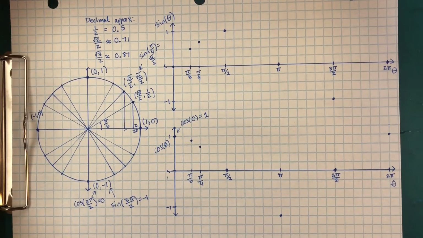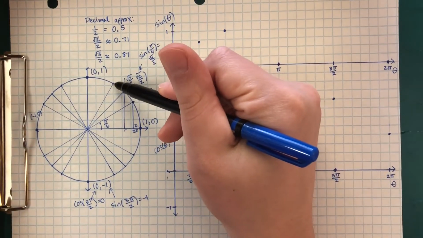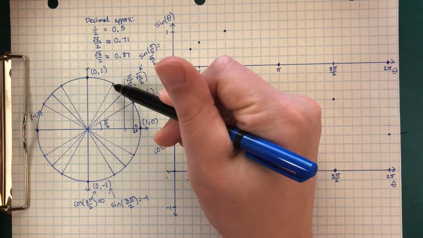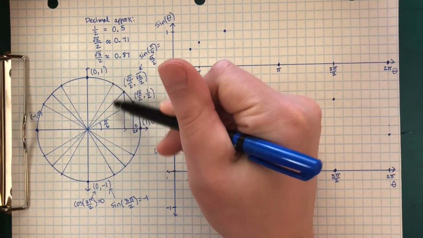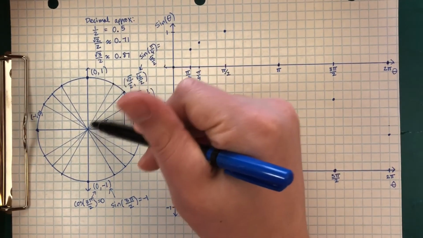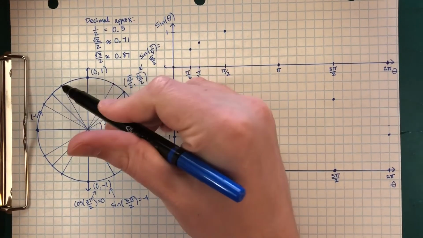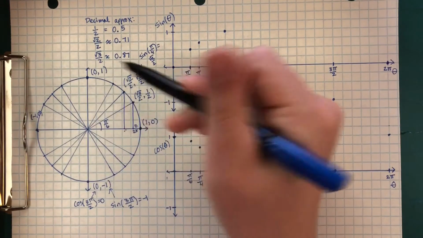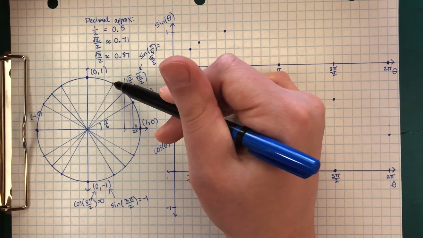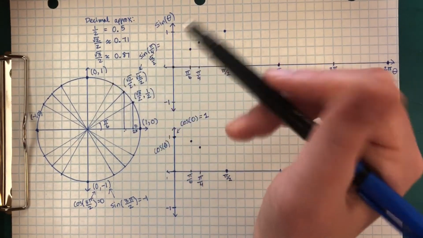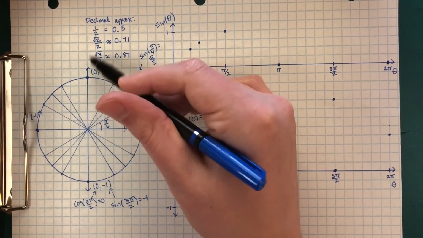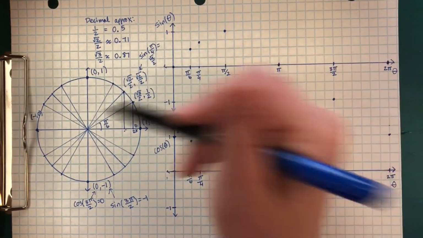Okay, now let's do this angle. This angle is pi over 3. You might remember 60 degrees is pi over 3. I have 3 of these 60-degree chunks to get to pi. So the angle that goes with this point is 60 degrees or pi over 3, and it's 2/3 of the way to this first quadrant transition.